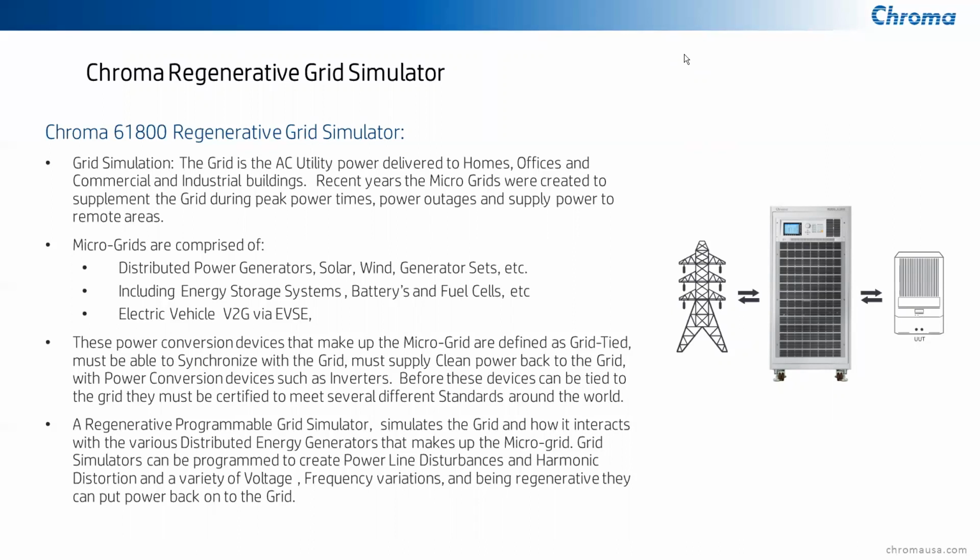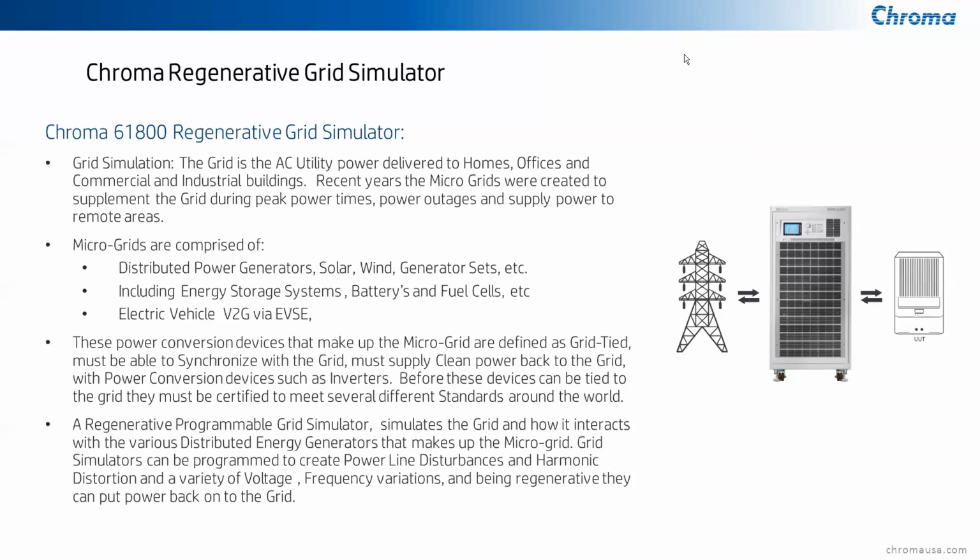And a grid simulator means it can simulate all the good and bad things that can happen on an actual utility power grid, which incorporates things such as the normal operation for a nice, clean sinusoidal waveform with a low output impedance source. But it also can simulate the various bad things that occur, various types of power line disturbances, and various interrupts that occur, including things like harmonic distortion and interharmonic distortion.